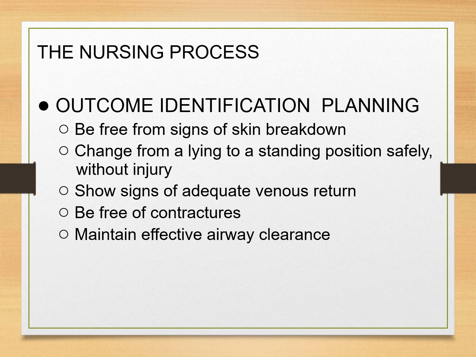For another outcome, the patient is expected to be free from signs of skin breakdown, change from a lying to a standing position safely without injury, then show signs of adequate venous return and be free from contractures, thus maintaining effective airway clearance.